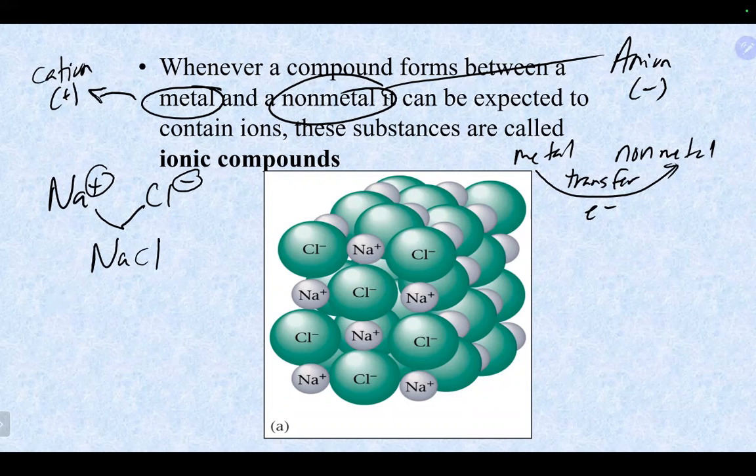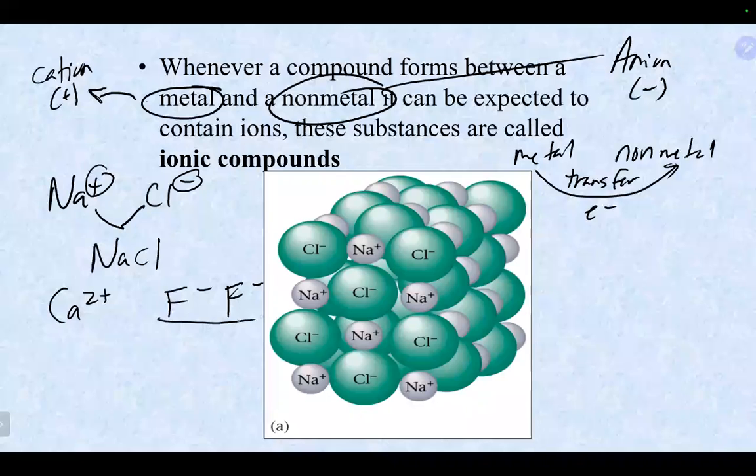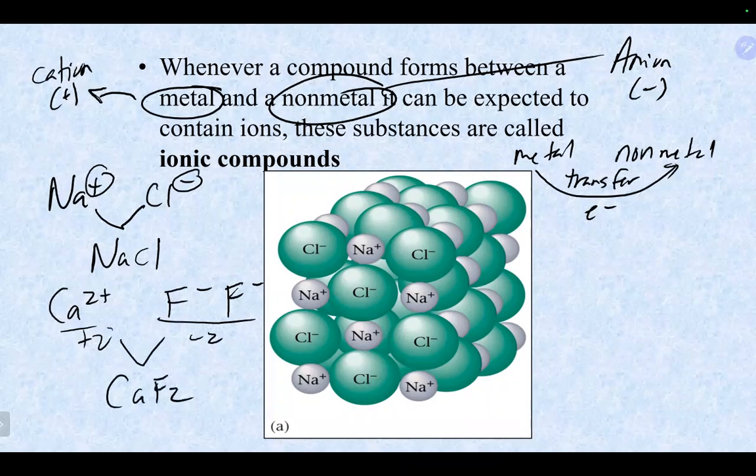If we take something like Ca, which makes a +2 charge, and F-, when we put them together to make our formula of calcium fluoride, if I put them together as one of each, will my charges cancel out? They will not, right? We'll have +2 and -1. We actually need one more of the negative guy. That gives us a grand total of -2 and +2. Now, when we put it together, CaF2 would be the proper formula here.